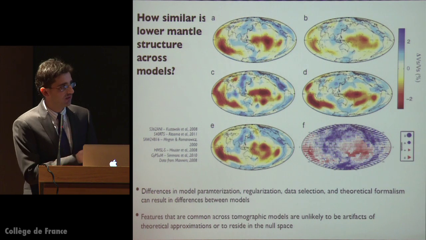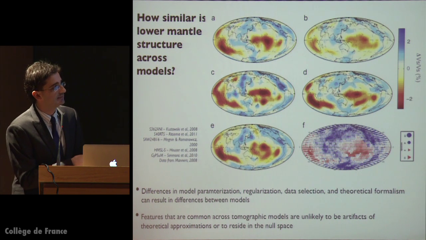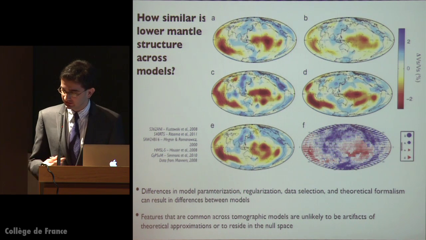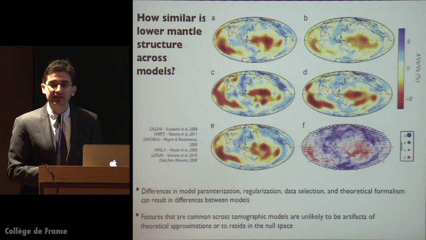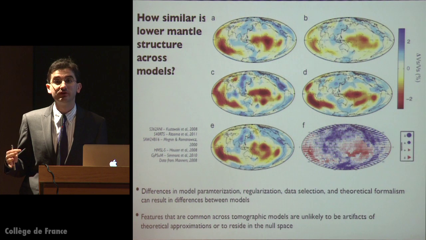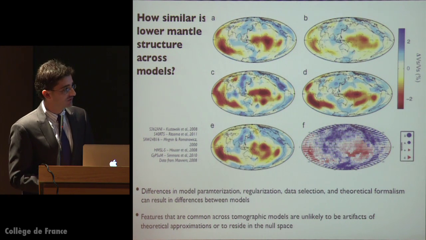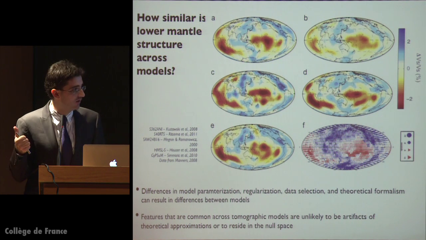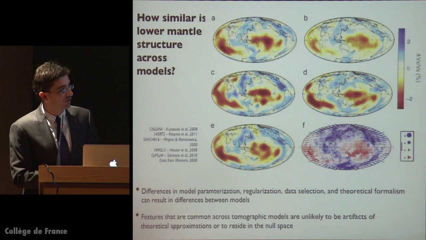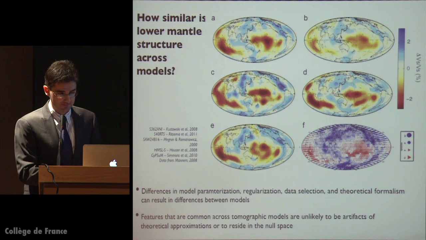The idea that we are working on is that differences in the parameterization, regularization, data selection, and so forth will produce differences in these models, and then the structures which are common to all the models should be structures that are unlikely to be, one, in the null space, and two, the result of artifacts of the theoretical approximations.